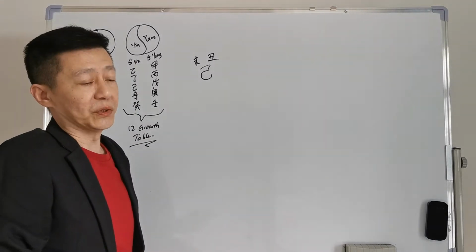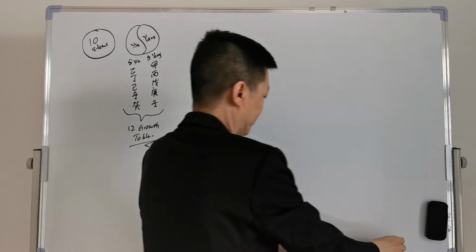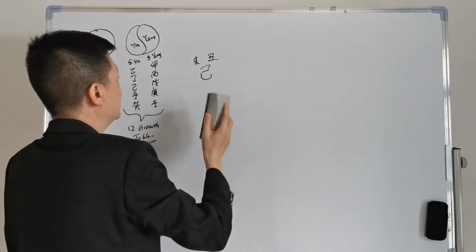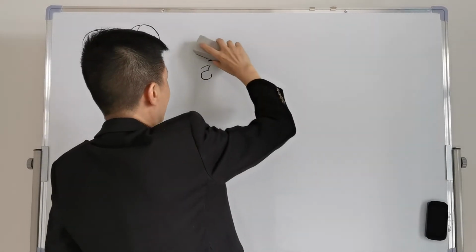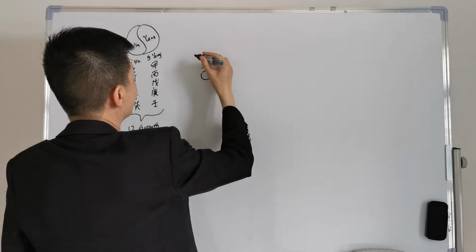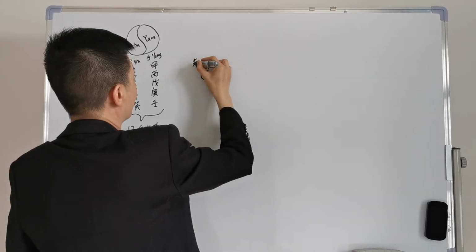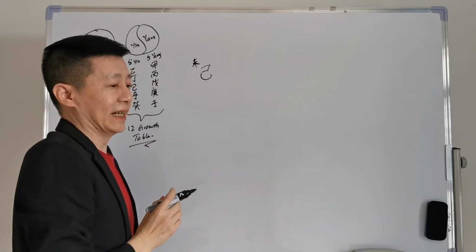We don't know, so there are two different readings. I will use the goat reading, it is easier.